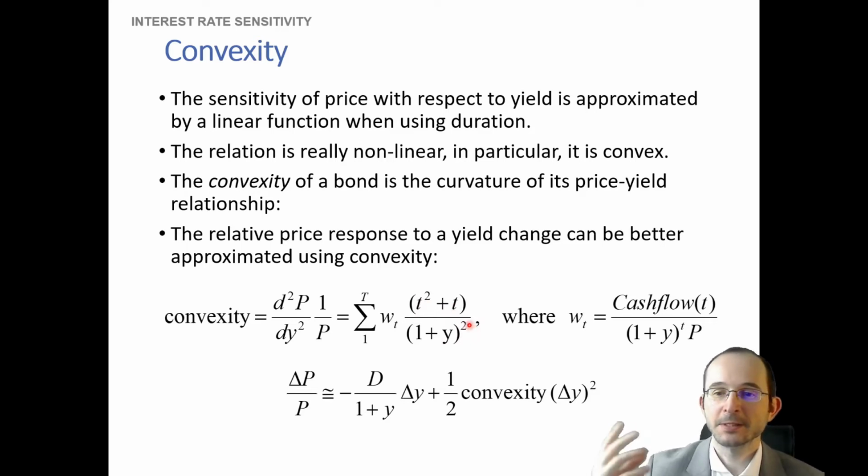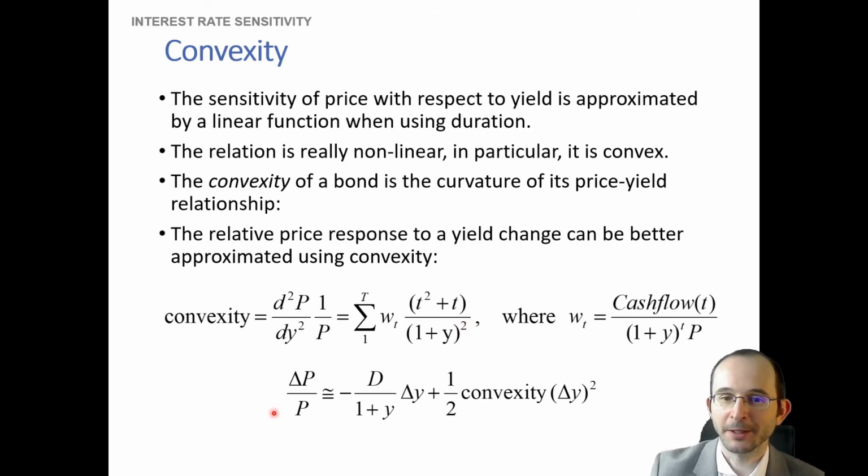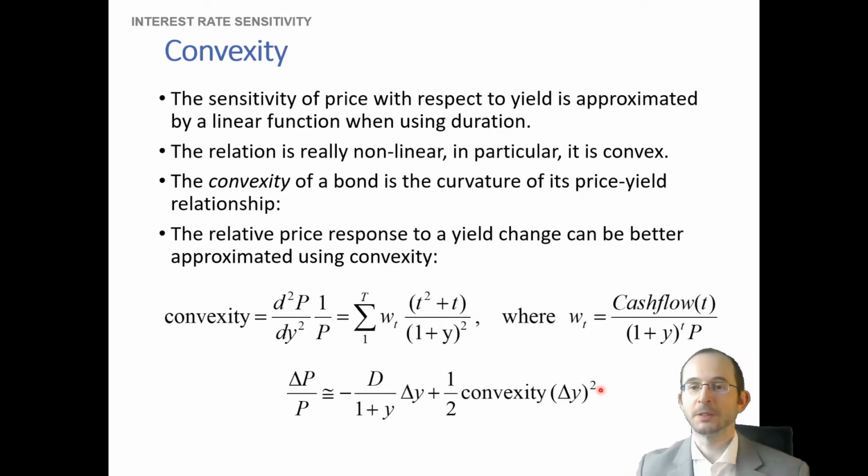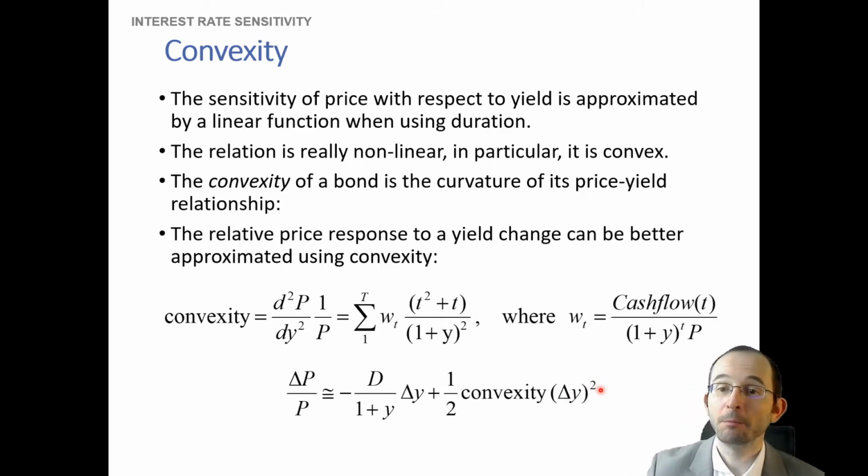And that gives us a better approximation of the price change of a bond. Now we're still going to keep our linear approximation from duration, and now we're going to add 1/2 times the convexity times the change in yield squared. So now this is going to let us capture not only the linear, but some of a nonlinear response of the bond's price change to changes in yield.